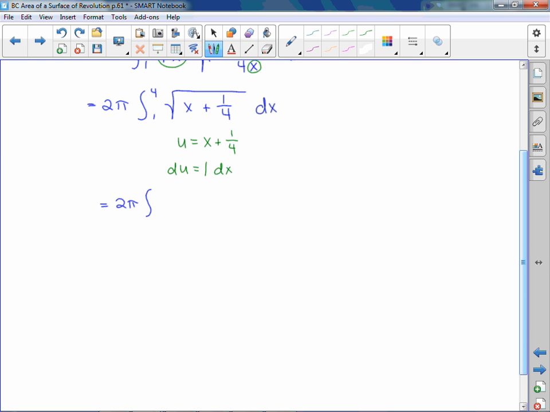I need new limits. So if we plug in a 1, my new a is going to be 1 would be 4/4 plus 1/4 to get a common denominator, which is 5/4. So I'll put 5/4 on the bottom. And then 4 would be 16/4 plus 1/4, which is 17/4.